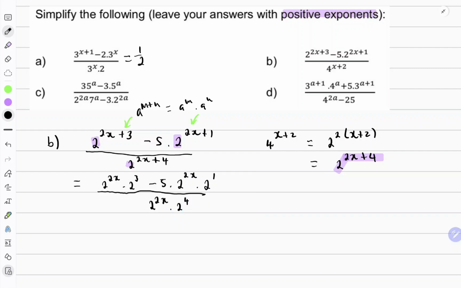So if you look at the numerator, we've got a term here and another term there. There's two terms, and you can see that 2 to the power of 2x is a common factor. So you can factor out 2 to the power of 2x, and you'd be left with 2 to the power of 3 minus 5 times 2 to the power of 1.